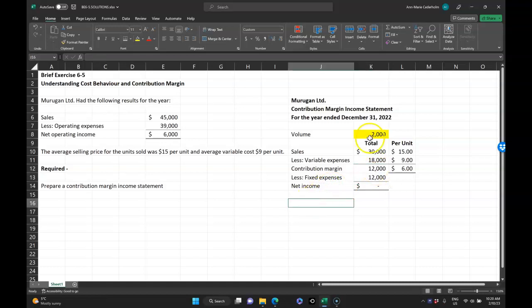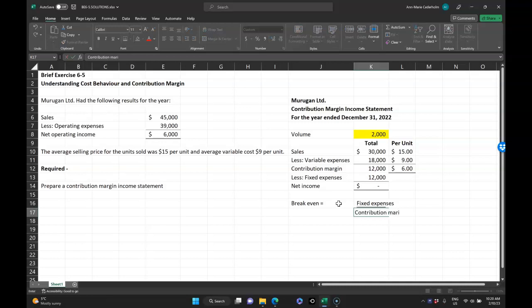A quick way to do that instead of guessing this number, break even is taking your fixed expenses and dividing that by your contribution margin per unit. So if I take my fixed expenses of 12,000 and divide that by my contribution margin per unit, which is 6, that gives me 2,000.